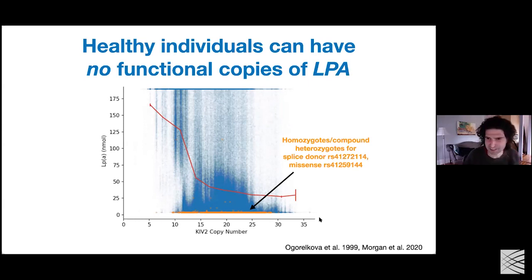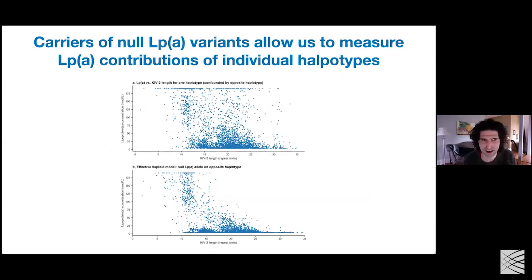Together, these SNPs rise to about 4.7% allele frequency in Europeans. A really cool feature of this story is that carriers of these null LPA variants allowed us to measure lipoprotein A concentration contributions from individual haplotypes, which was particularly useful for downstream fine mapping of lipoprotein A.